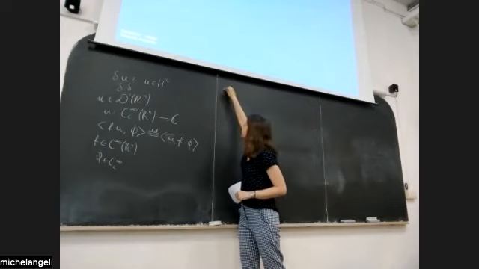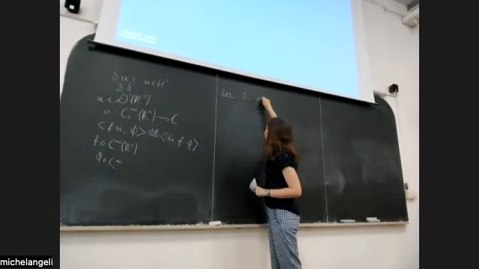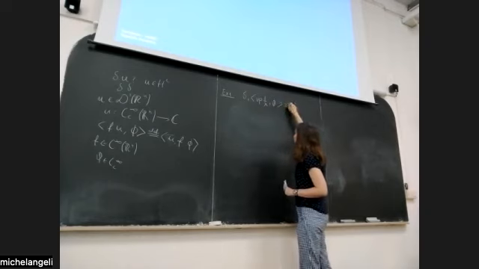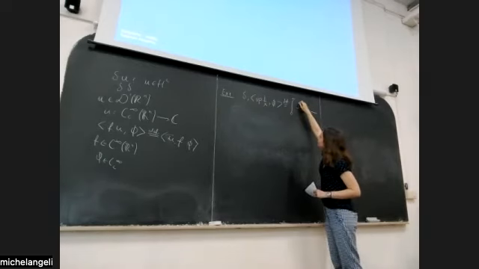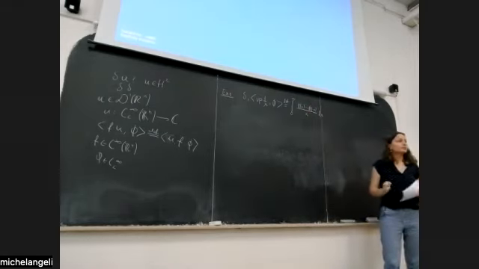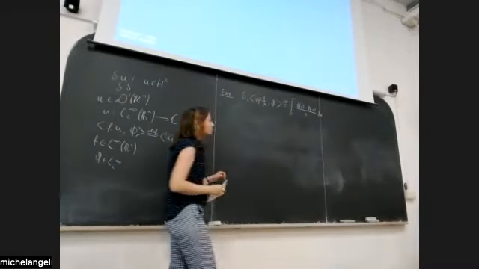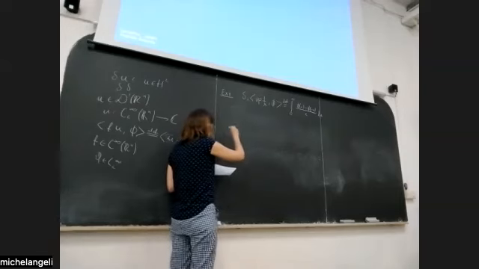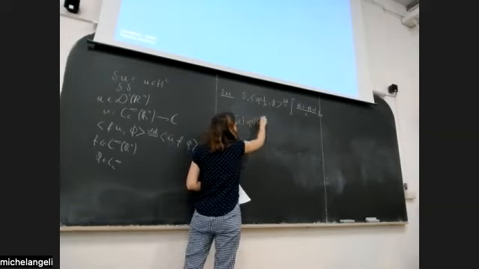So for instance, first example, let's say we have delta, and we have the so-called principal value distribution, which acts on phi as the integral from 0 to infinity of phi(x) minus phi(-x) over x. And now, what is possible?